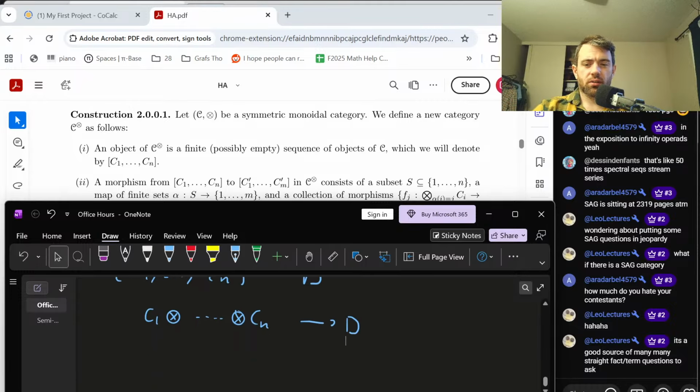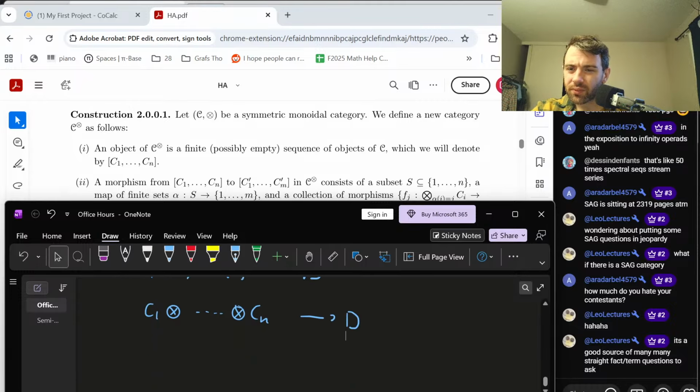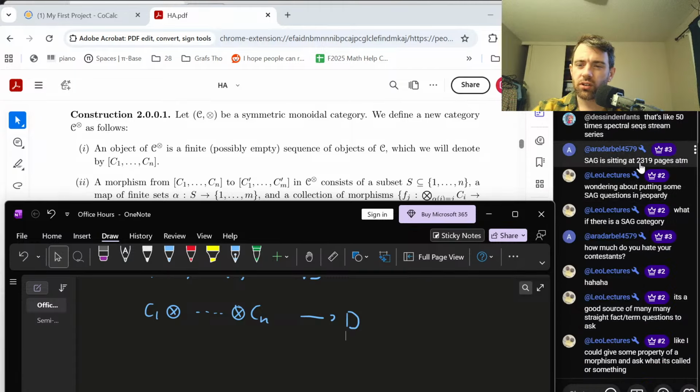Okay. SAG is sitting at 2,300 pages. Wait, SAG? What's SAG? Spectral algebraic geometry?